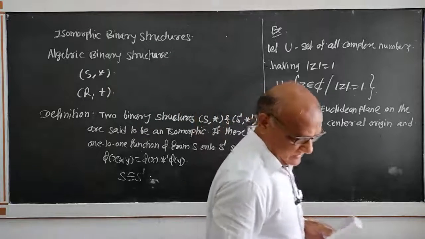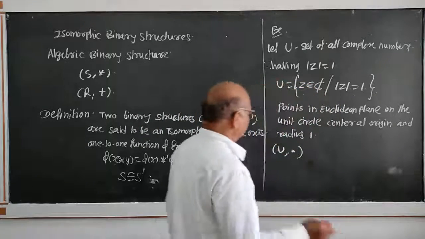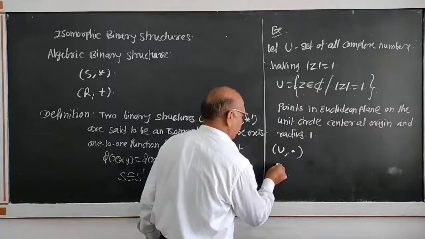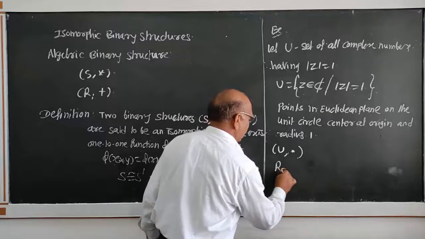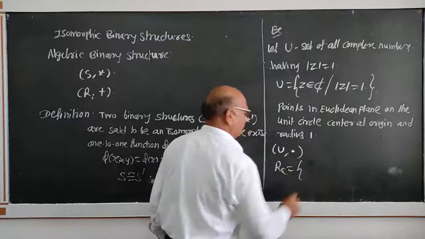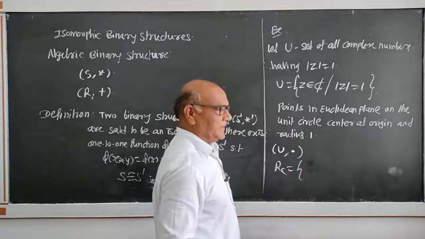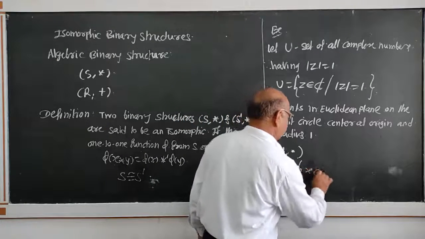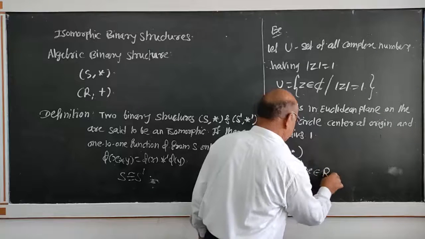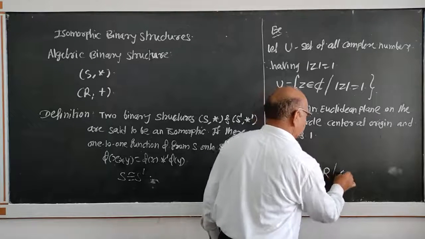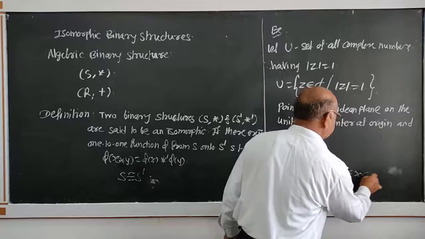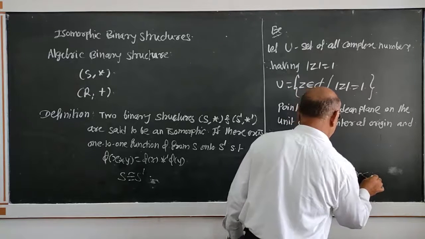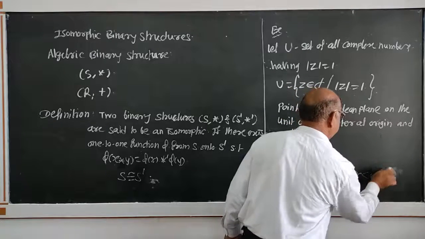And the second binary structure is R_c, the set of x belongs to R such that 0 less than or equal to x less than c.